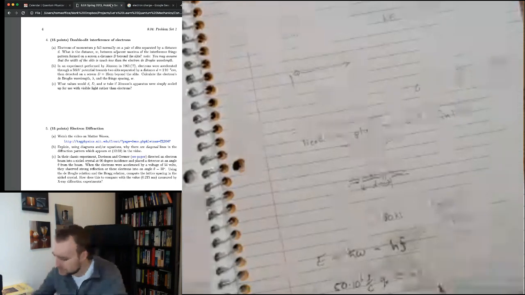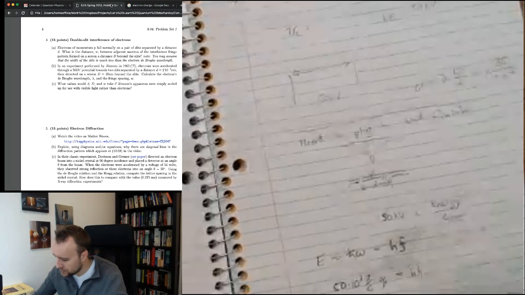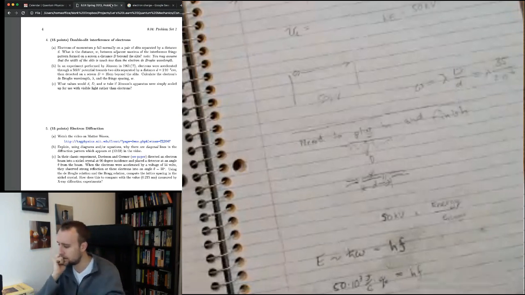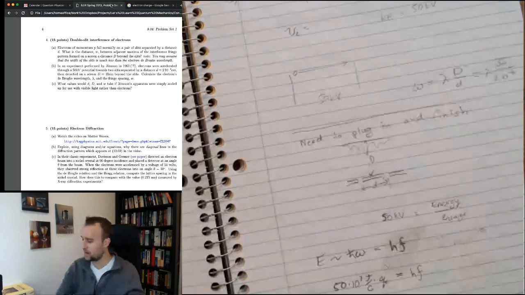But I don't know whether I can get the wavelength without a speed factor. So maybe that's why I can't.